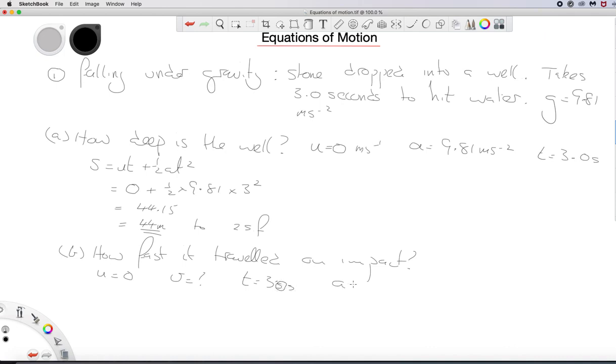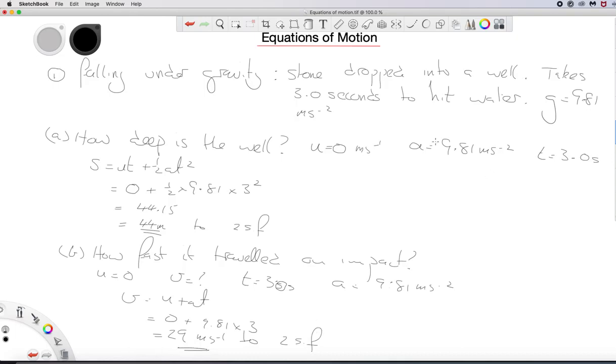And acceleration is still gravity, 9.81 meters per second squared. I want v, I've got u, a, and t. What am I going to do? v equals u plus at, of course. And if I stick in my numbers, 0, 9.81, 3, I'm going to get 29.43 out of that, but 2 sig figs, 29 meters per second to 2 sig figs.